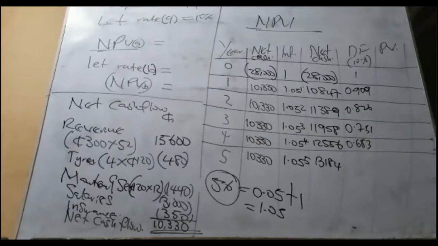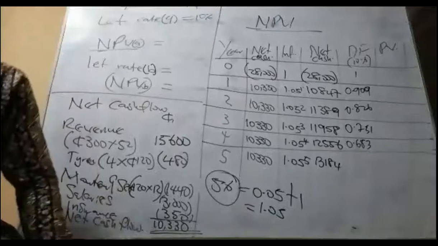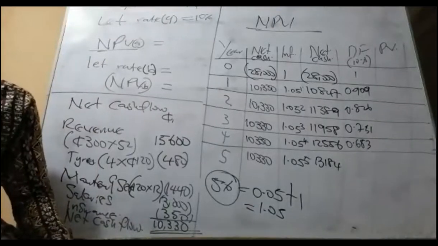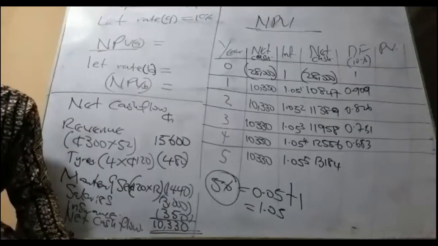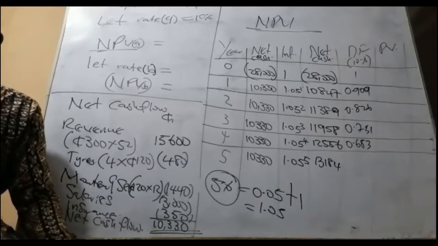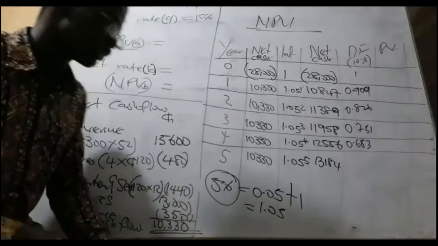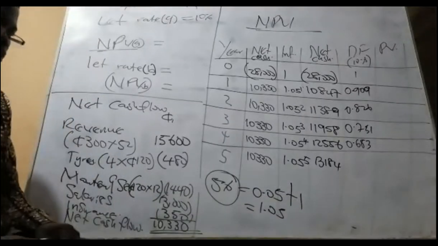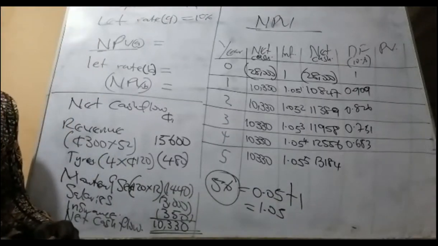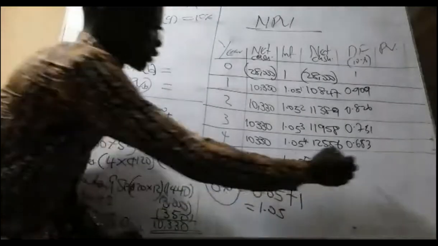We are using the discount factor of 10%. Great. So the last year will be 0.621, right? 0.621.